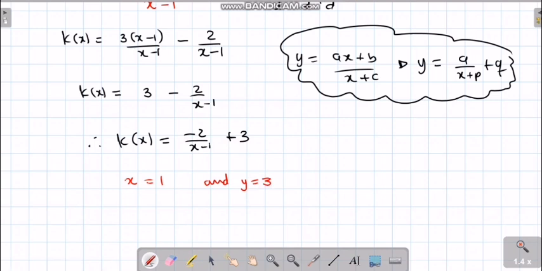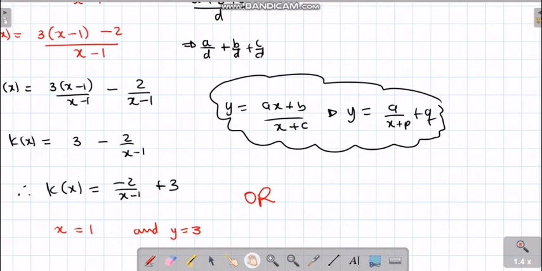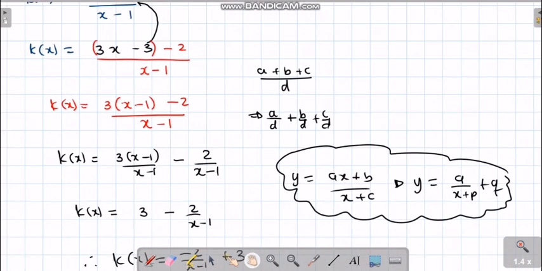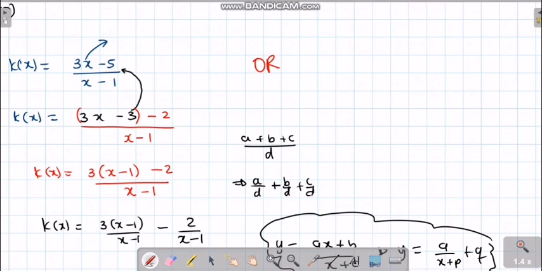The second method we can use is synthetic division.